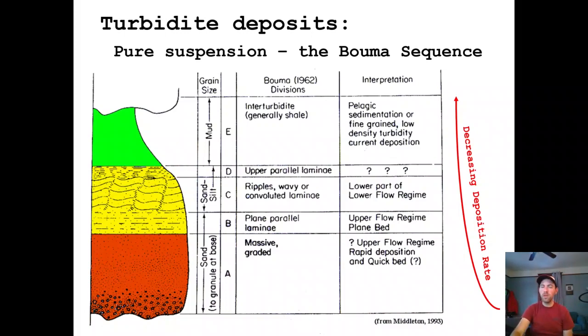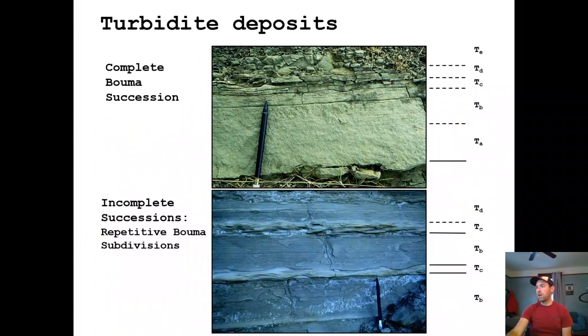Okay, and so what that might look like in an outcrop is sometimes, if you're lucky, you might get what's called a complete Bouma succession here, and it's often denoted as TA, TB, and so forth to reflect that it's turbidite bed A, turbidite bed B, associated with those horizons that were labeled there on the previous figure.